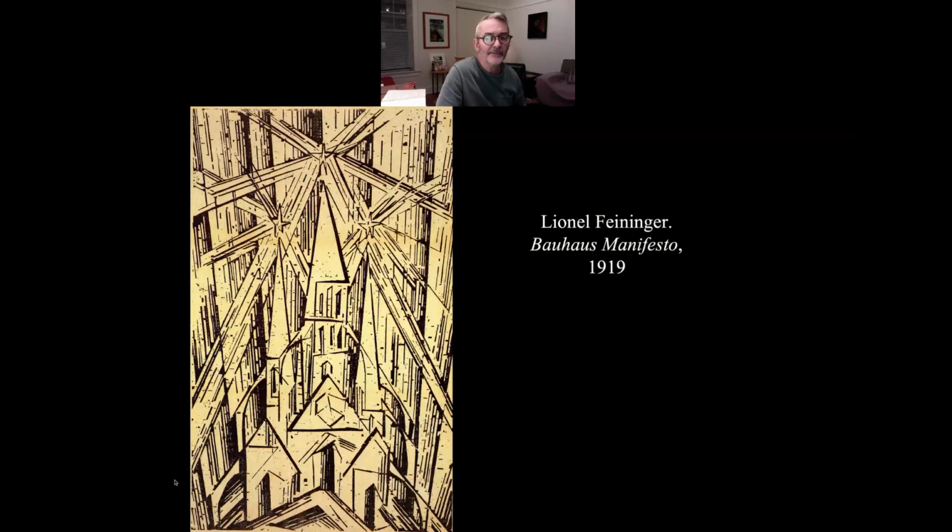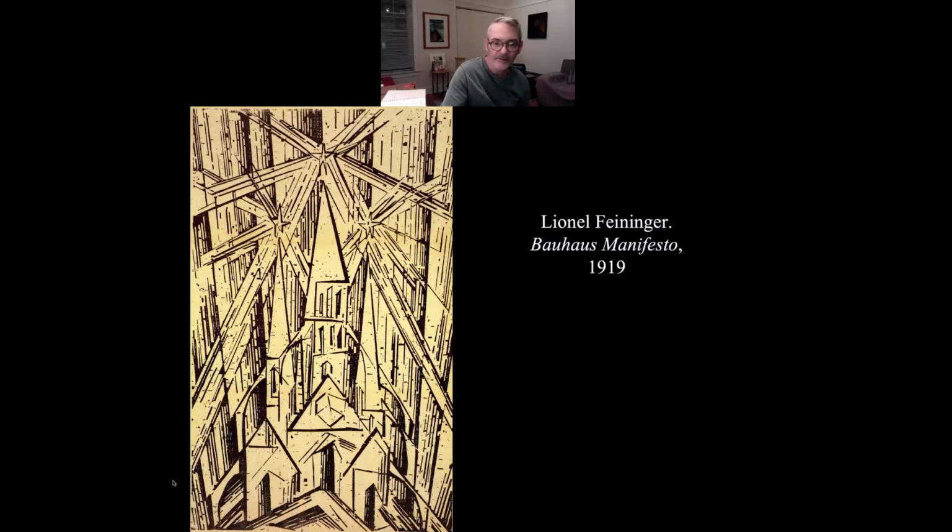This is a woodcut by the artist Lionel Feininger. It's sort of an image that goes with the Bauhaus Manifesto from 1919. The Bauhaus Institute existed from 1919 to 1933. 1933 was when the Nazi Party, which was then in power, shut them down.